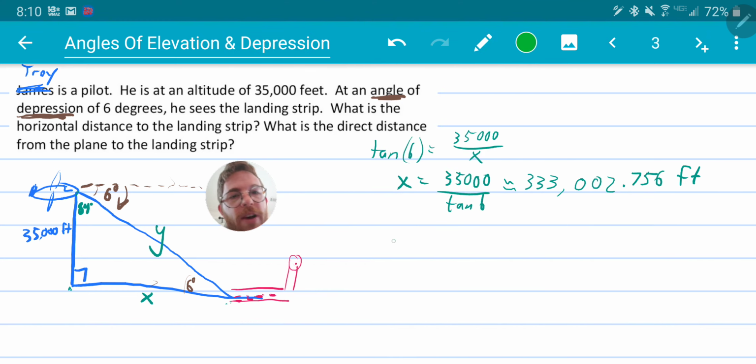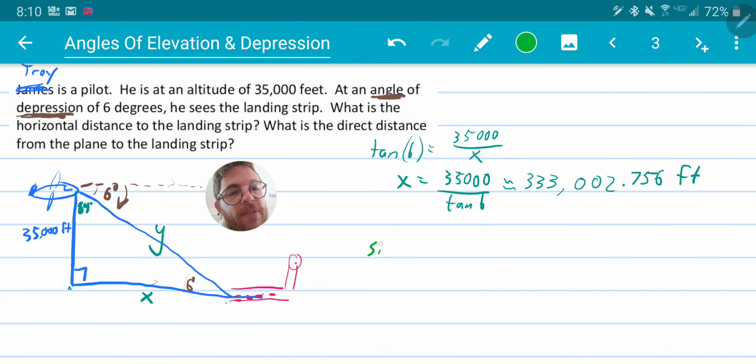Let's also find Y. Well, Y is the hypotenuse, so we have the opposite. We want to find the hypotenuse. Well, we're going to use sine. Sine of 6 is equal to the opposite over the hypotenuse.